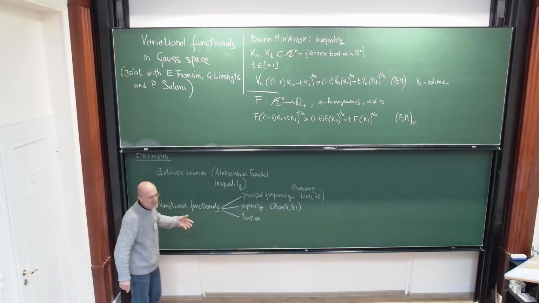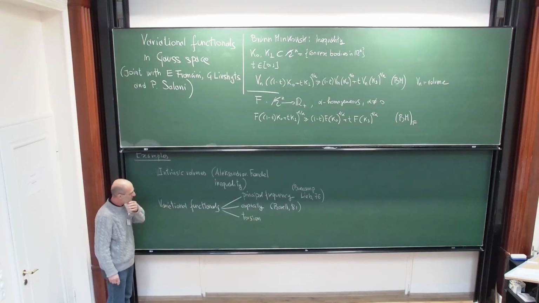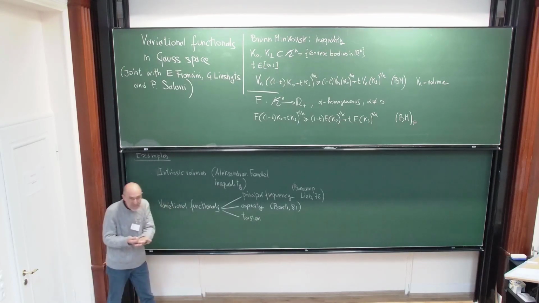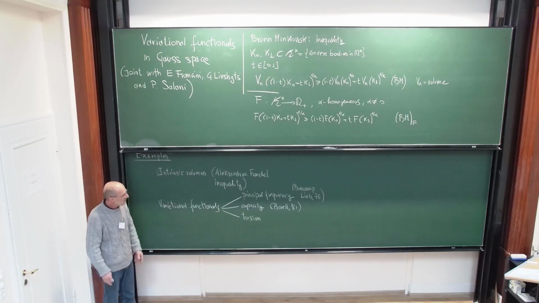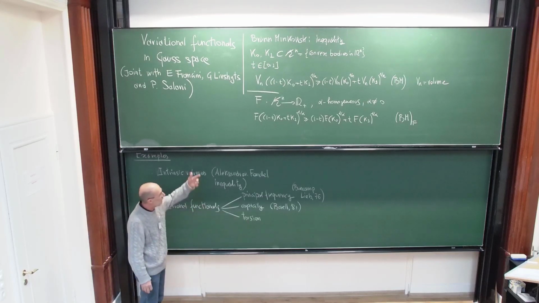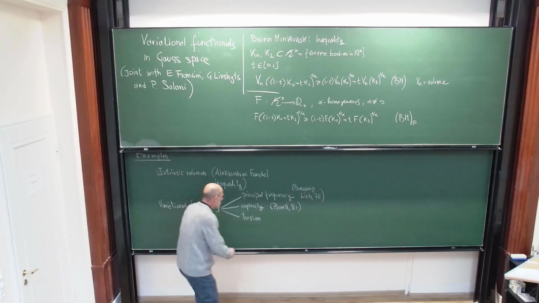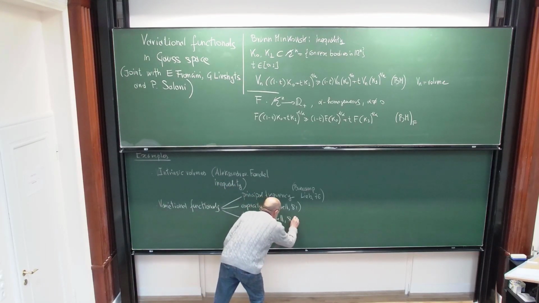Or torsional rigidity is a variational functional I will not have time to speak about, but roughly speaking is the resistance of a column with a certain section to torsion. Is a set functional with some order of homogeneity, and it verifies Brunn-Minkowski type inequality exactly in this sense. And this was again proved by Borell, Christer Borell, in 1985.